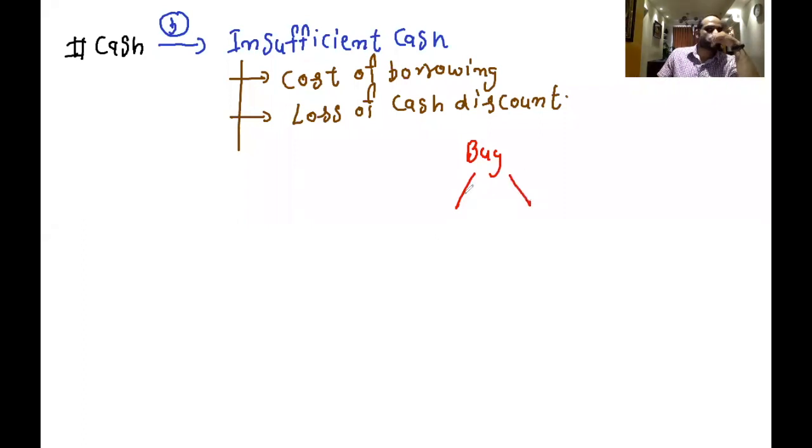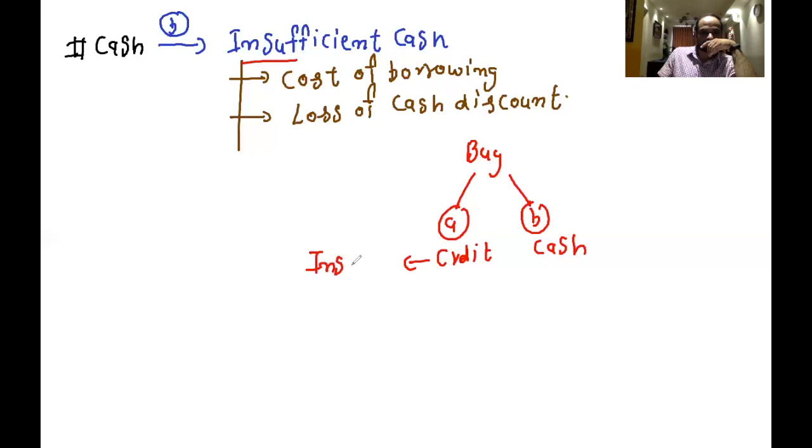You have two options. Option A, you buy on credit, because you have insufficient cash. That's why you are buying on credit, right?